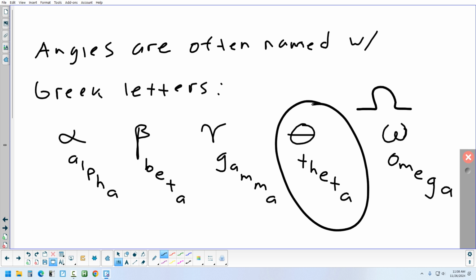Generally, the 3 that we use are alpha, beta, and gamma. There's no real rule when you have to use which one, just like in algebra. There's no rule you have to use x as the variable. But generally, we'll use a Greek letter. But you can pick whichever one you want. Questions on those?